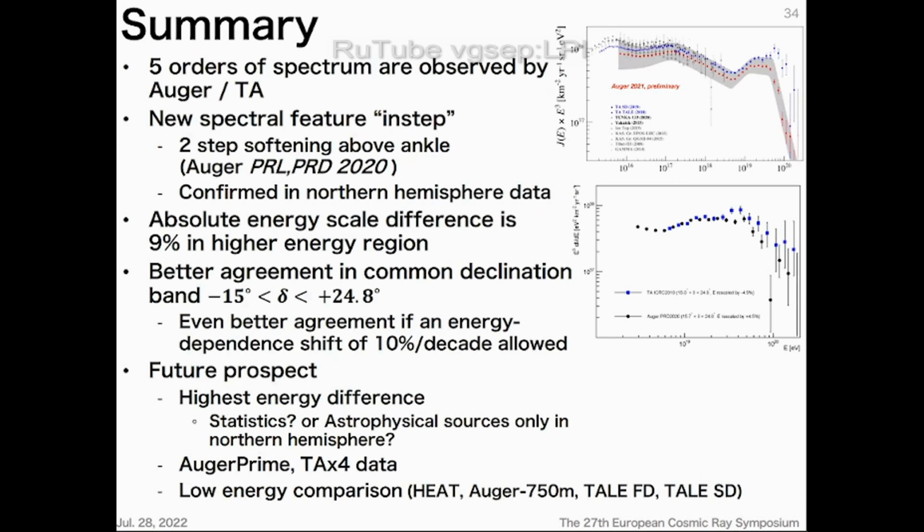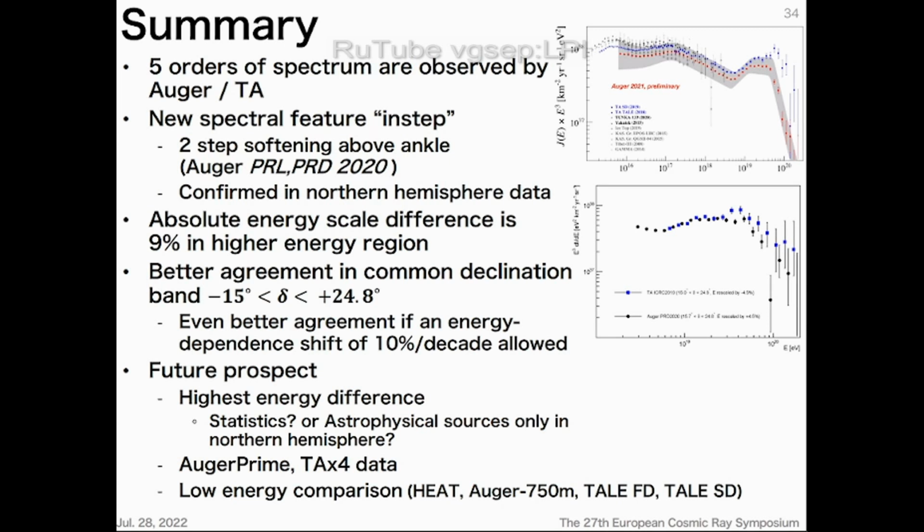So this is a summary of my talk. The OJ and the TA are measuring the cosmic ray spectrum over 5 orders of magnitude. The OJ and the TA observe the new spectral feature, the instep, above the ankle, and this new feature is confirmed in the northern data and the southern data.